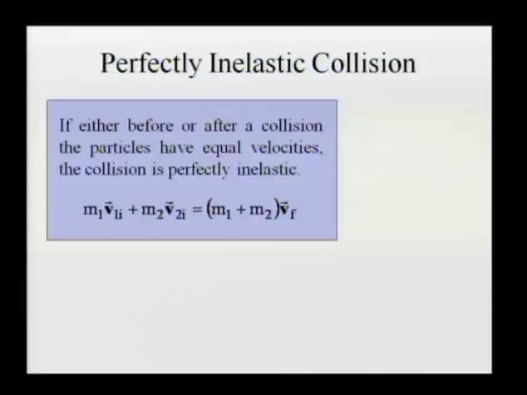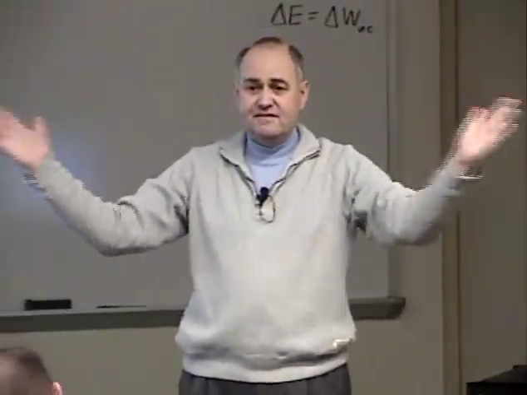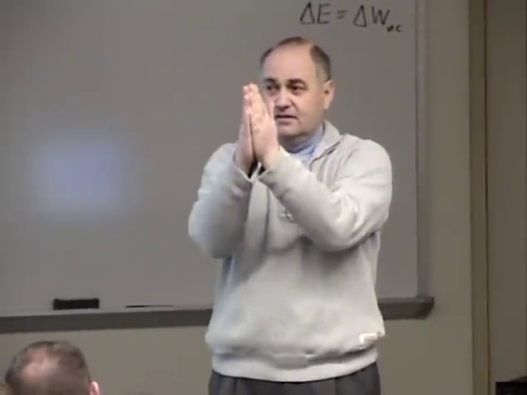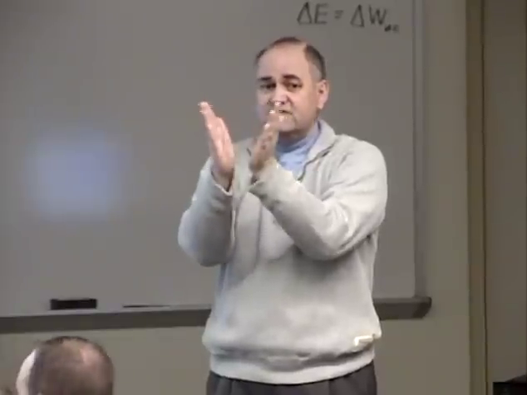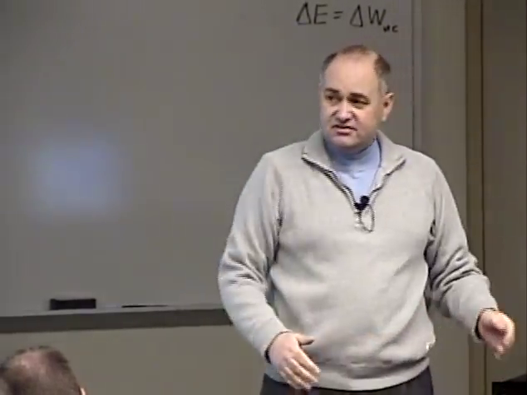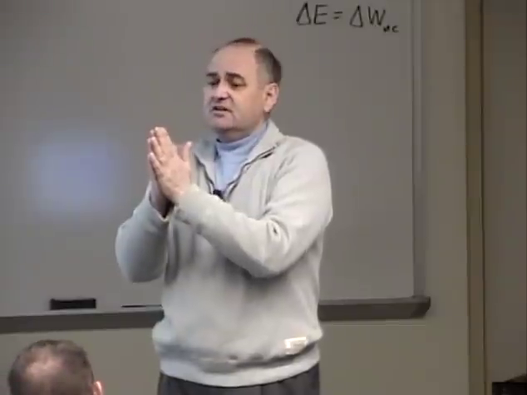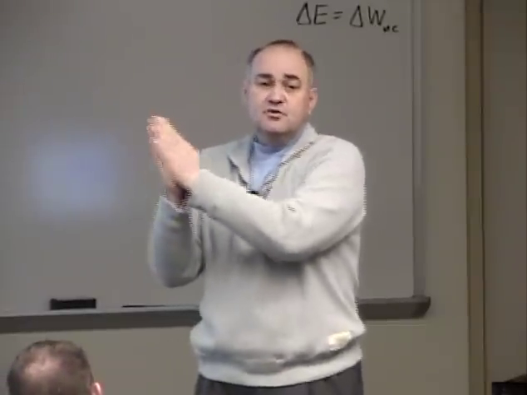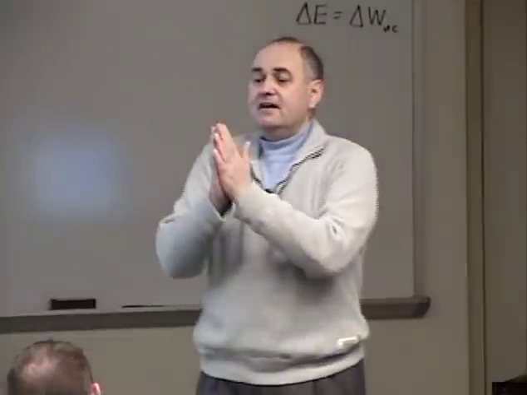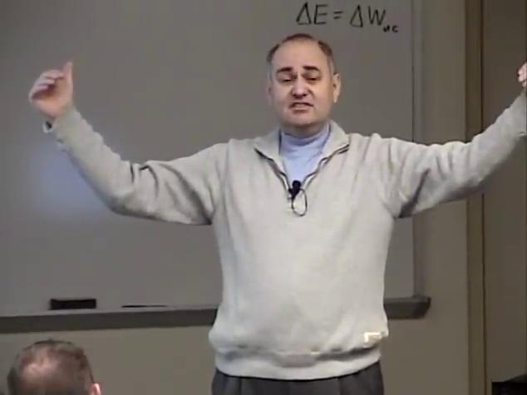Here is a perfectly inelastic collision between my hands. They collided, and afterwards, after the collision, the two objects move with the same velocity. Now, this was also an elastic collision.